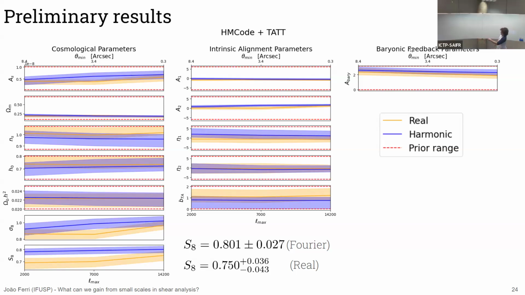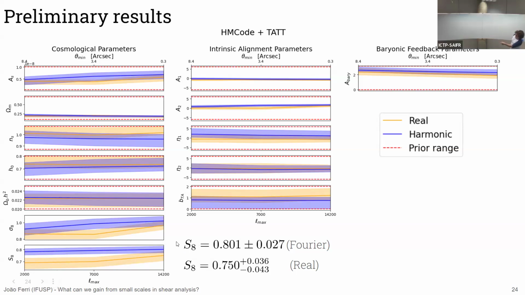And one thing which is really surprising is that if you make the, let's say, official scale cuts, the values for S8 are very inconsistent. Especially in real space, the value for S8 is very low, but the value for S8 in Fourier space is much higher and actually closer to Planck's value. And as you go adding more and more data points, these things seem to go up, so the S8 tends to increase.